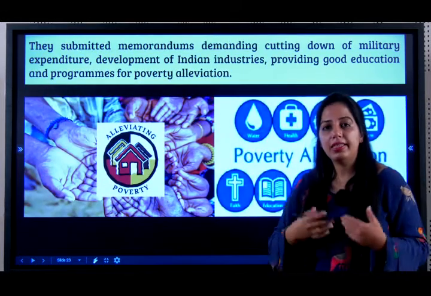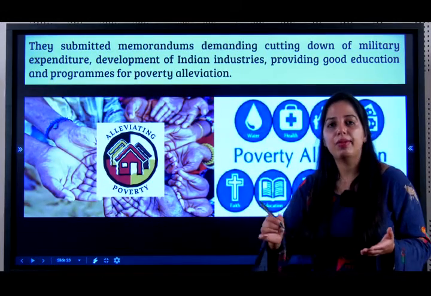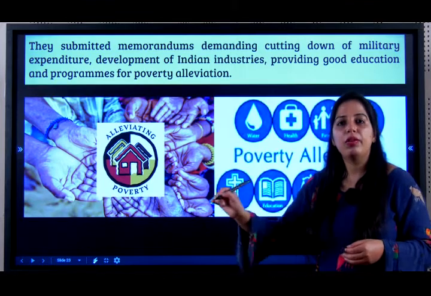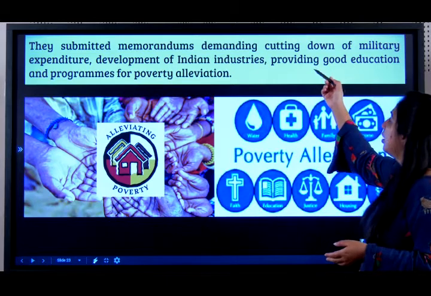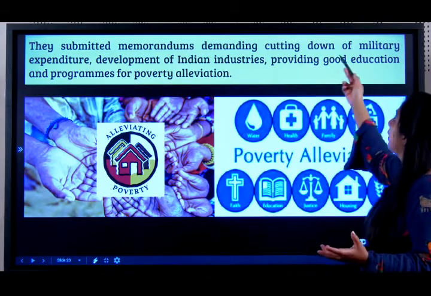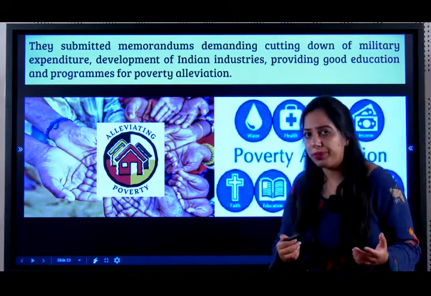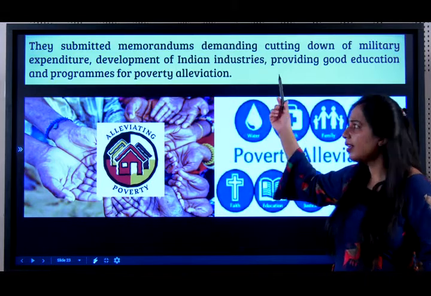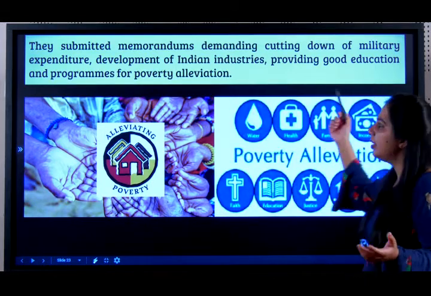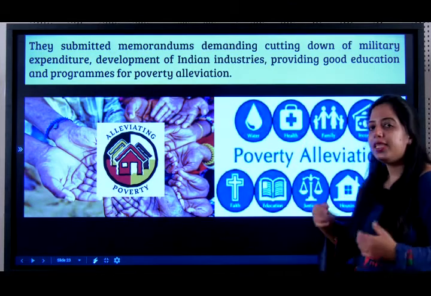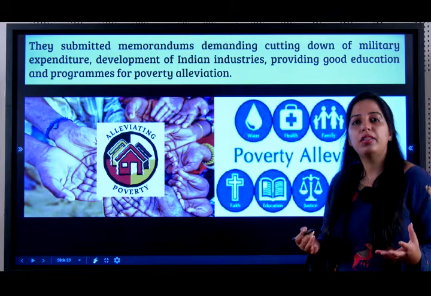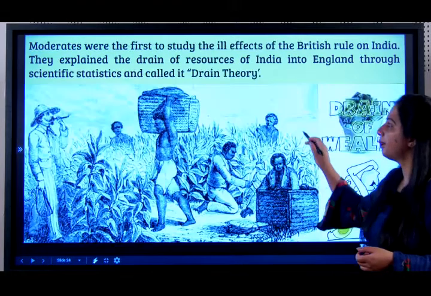They used to write these memorandums, make a lot of Indians sign them, and go and give them to the British. They would demand cutting down of military expenditure, development of Indian industries, providing good education, and programs for poverty alleviation. So these were the things they demanded from the British government.